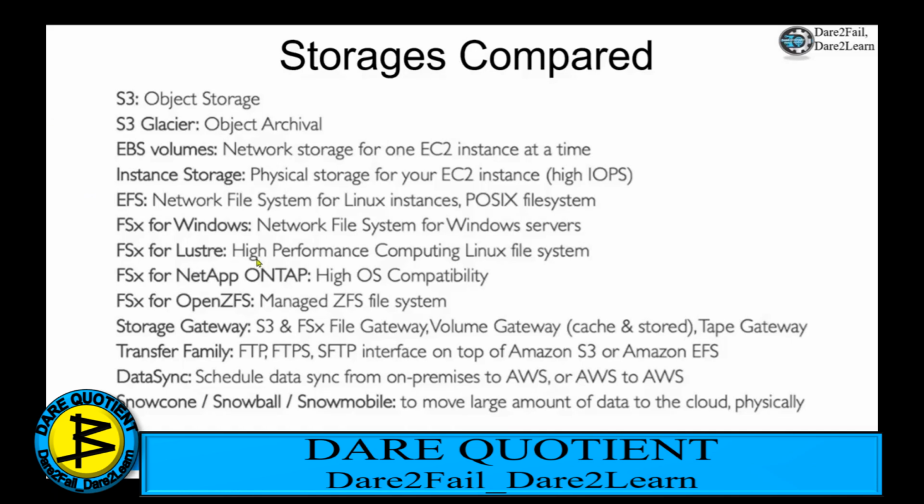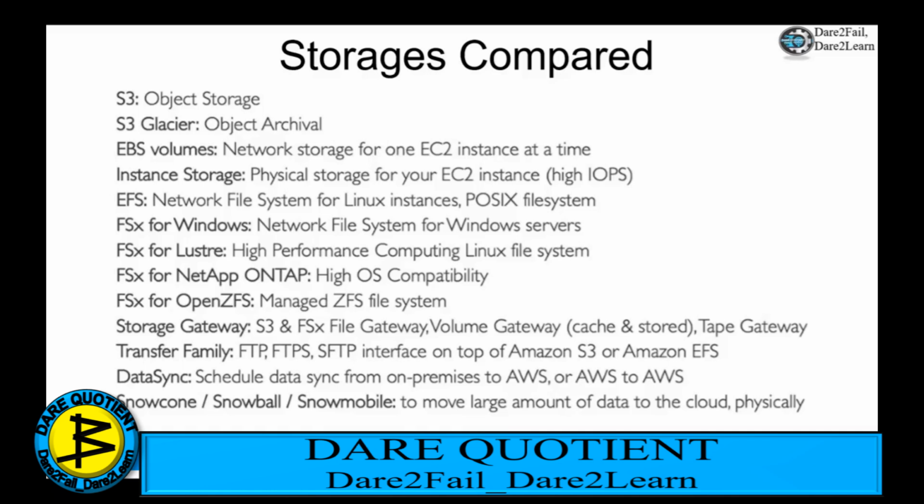Okay. And next we looked at the Storage Gateway. It is a bridge that helps you expose your data on-prem to your data in the cloud. And we saw that we have different types. We have the S3 File Gateway, you have the FSx File Gateway, you have the Volume Gateway, and you have the Tape Gateway.